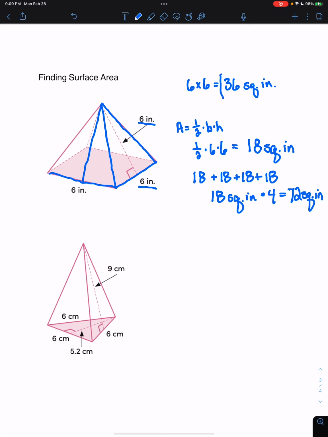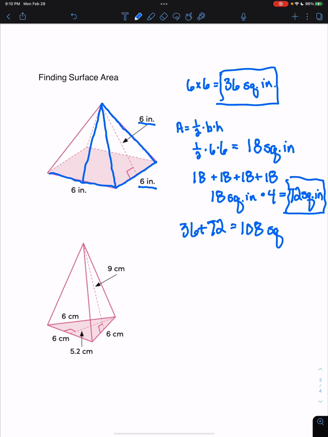Don't forget our base up here, 36 square inches and 72 square inches. We need to add those together to find our final total, which is 108 square inches.